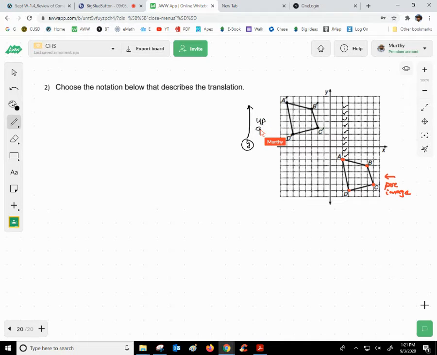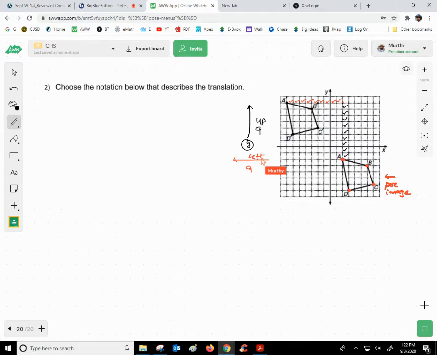And next, let me count the horizontal blocks: 1, 2, 3, 4, 5, 6, 7, 8, 9. Therefore, horizontally, it moved 9 units to the left side.